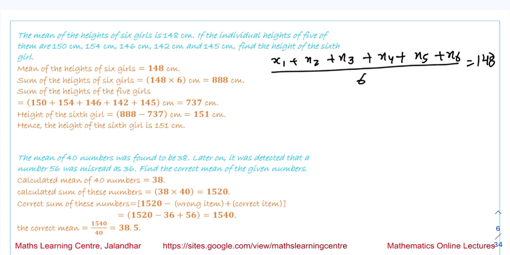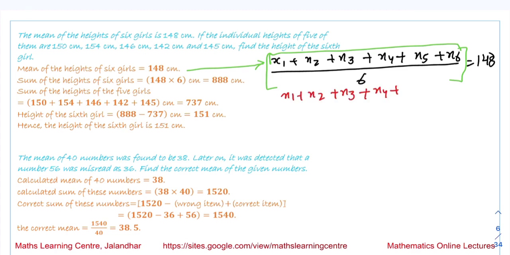We are talking about the mean height of 6 girls, 148 centimeter. So the sum of the heights, x1 plus x2 up to x6, is equal to 148 into 6.